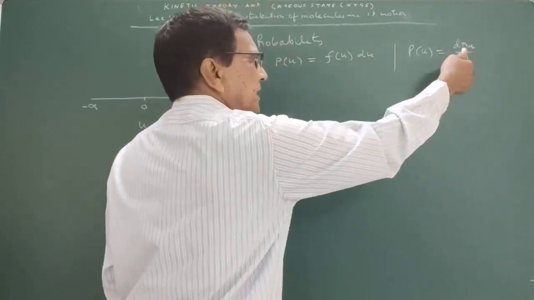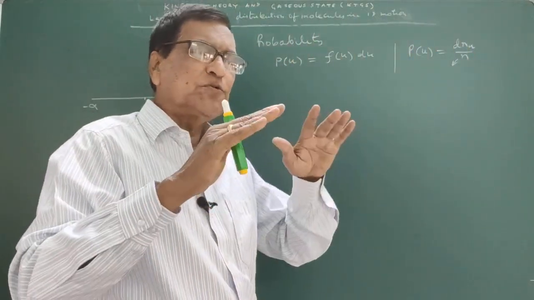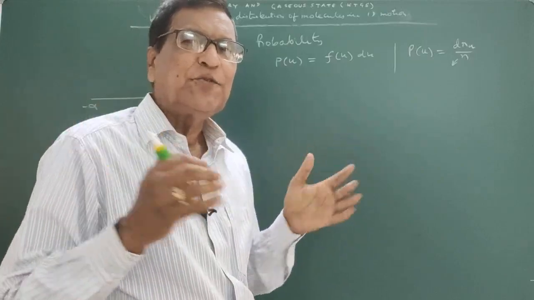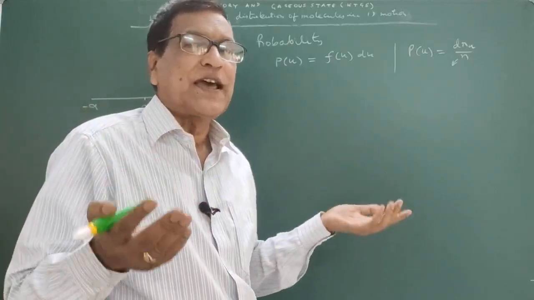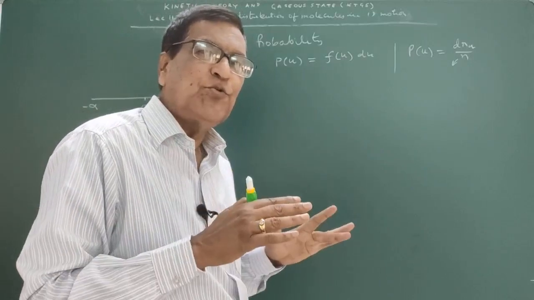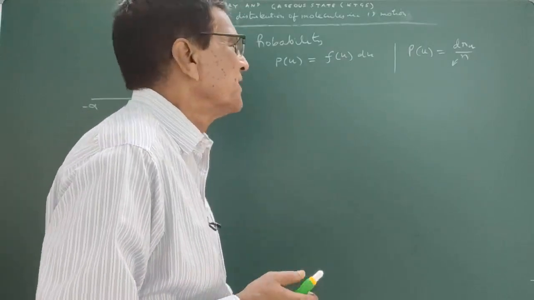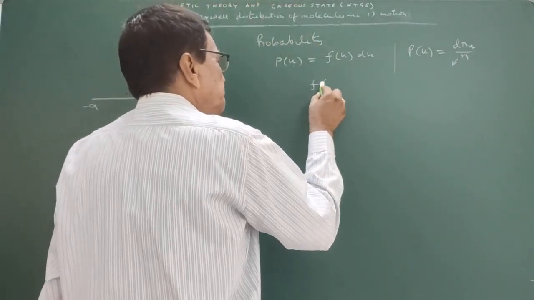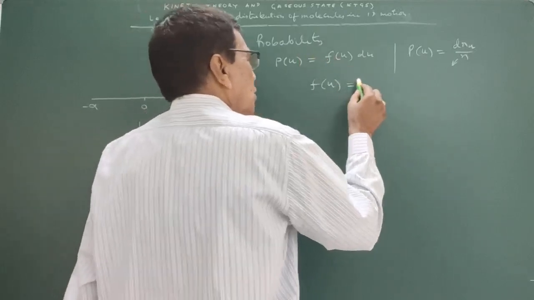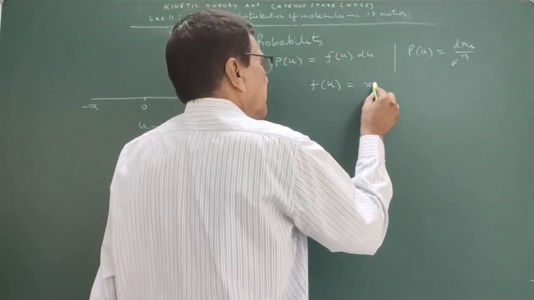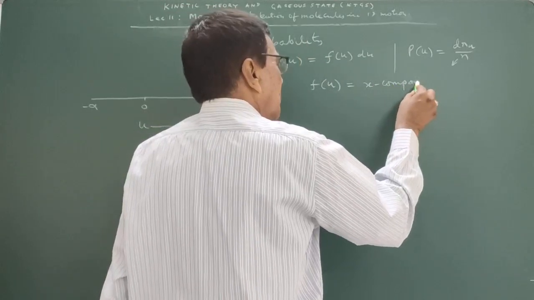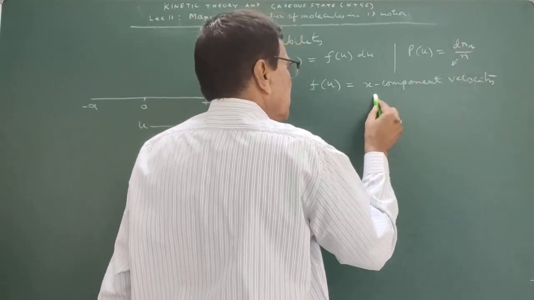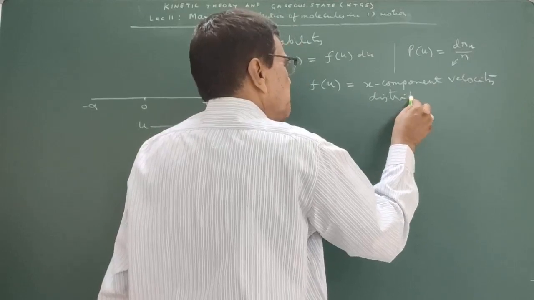It can be said the probability of a molecule to have the x component velocity u within the range du, or you can say the fraction of the molecules having the x component velocity u within the range du. And this F(u) is called the x component velocity distribution function.